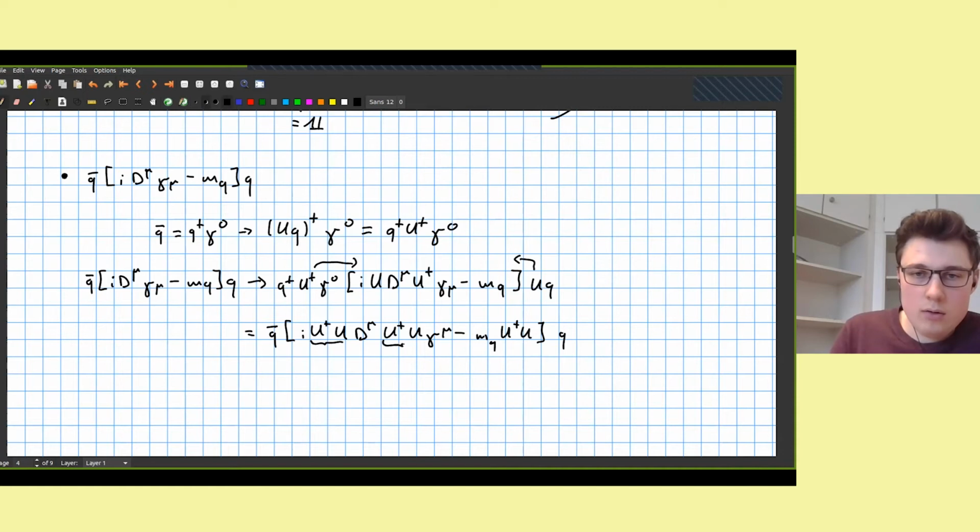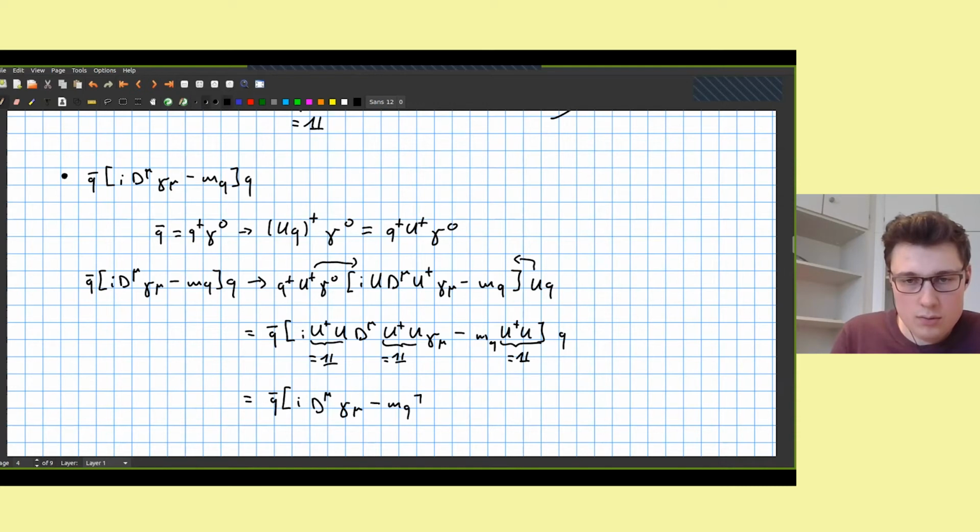And then we again have the defining property of the SU3 group, namely that all these products here give a unity matrix. And well, this leaves us with exactly the expression that we started with. Okay, sorry, this mu should be downstairs here.